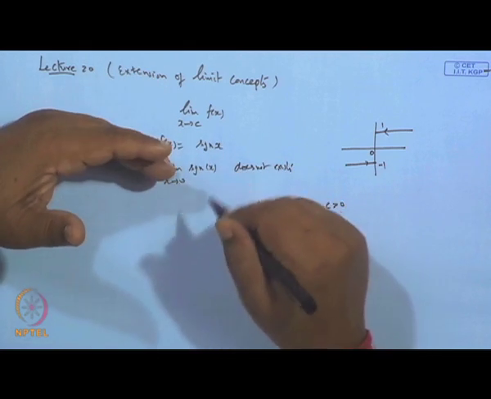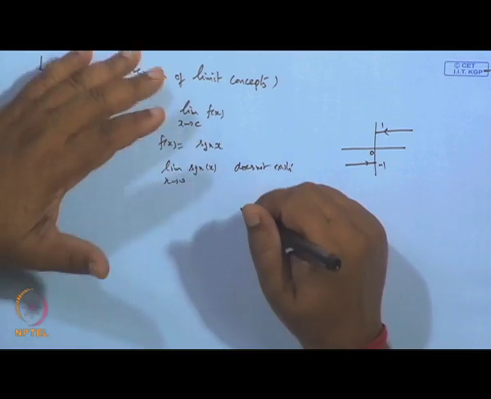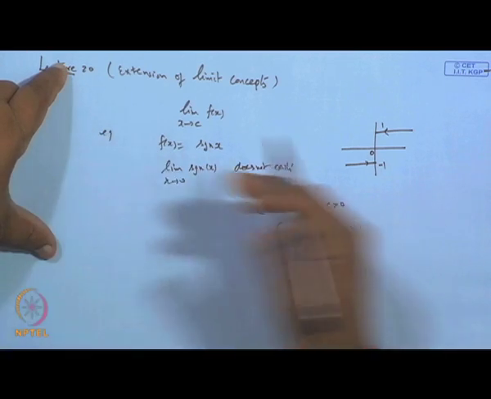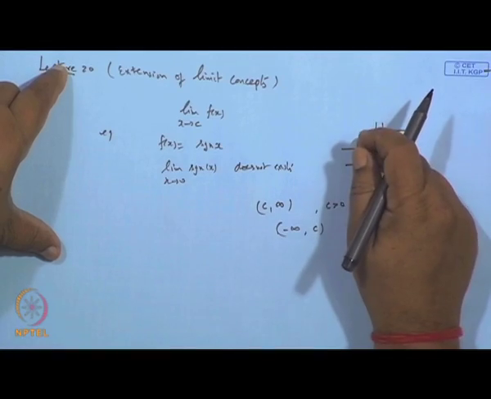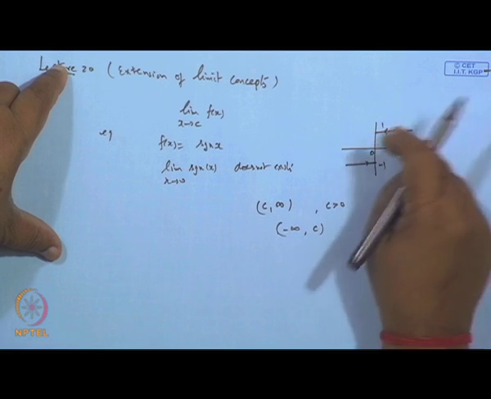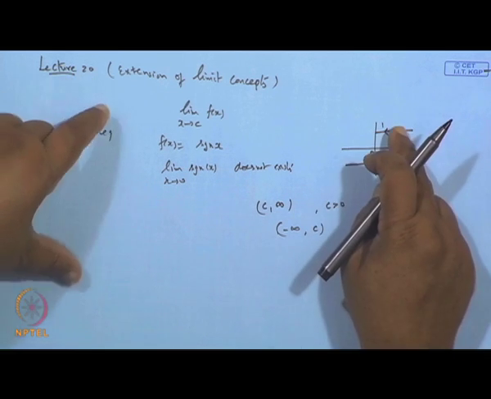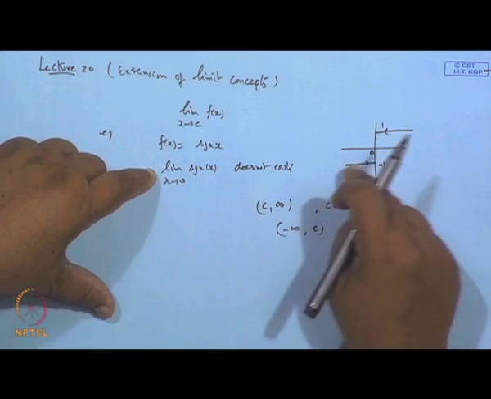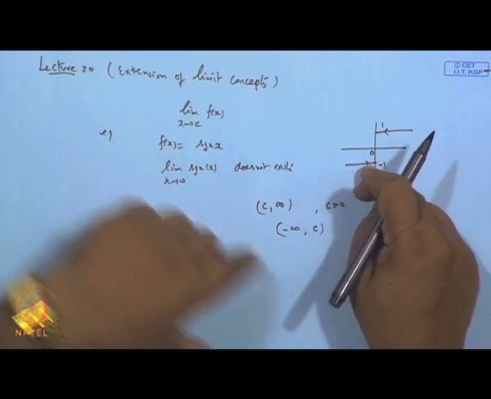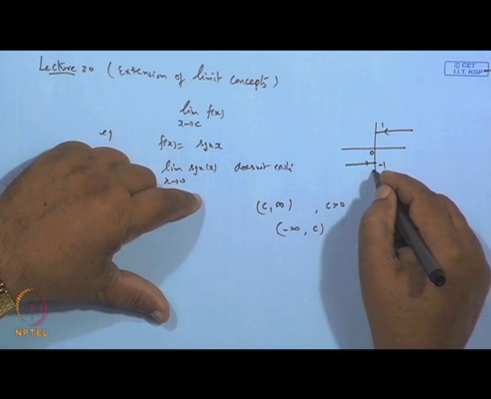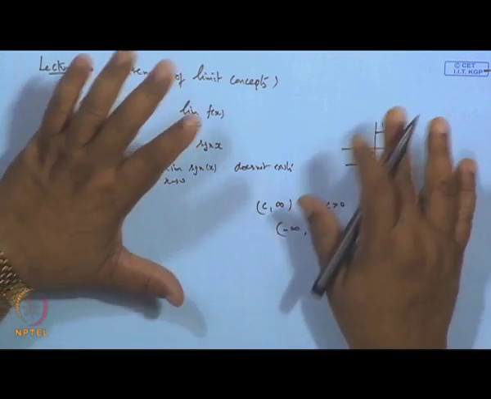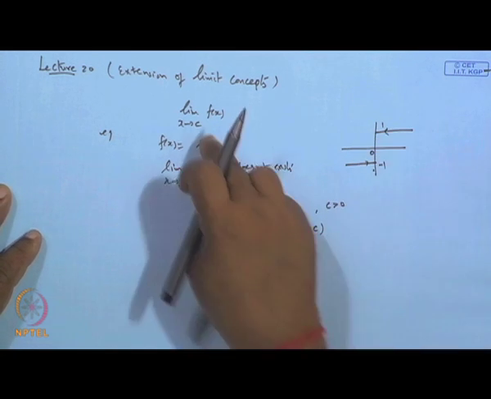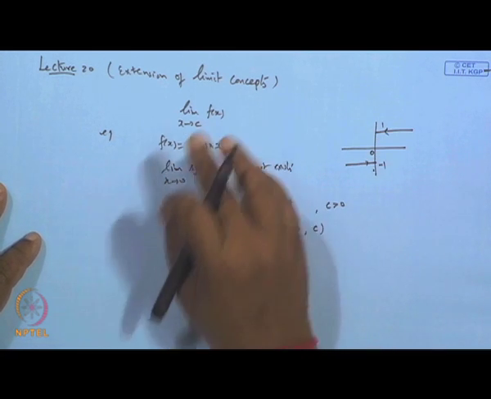Now, in such a case, when we define the limit of the function, when you approach the point from the left hand side we call it the left hand limit, and when you approach the point from the right hand side, then it is called the right hand limit. Then we say if both the limits coincide, only then we can say the function has a limit in general.